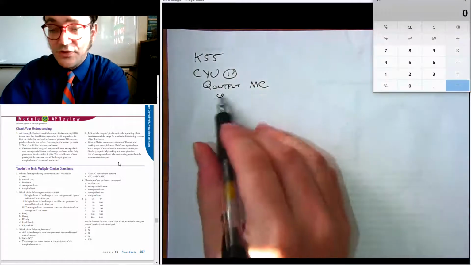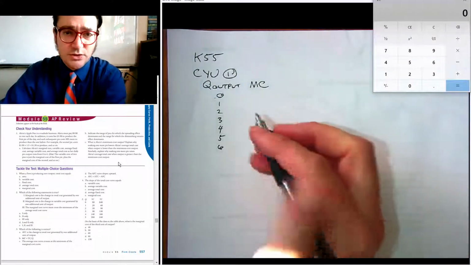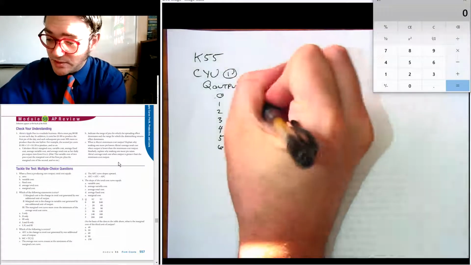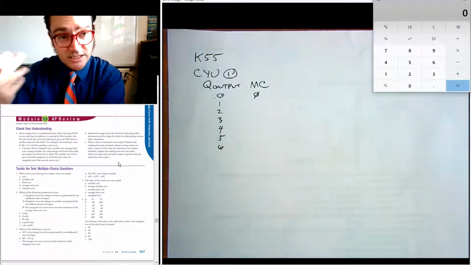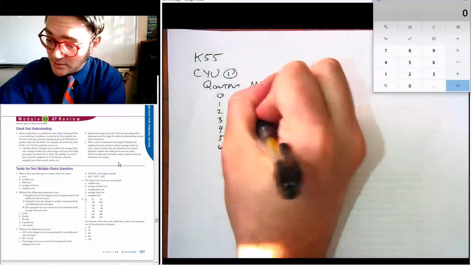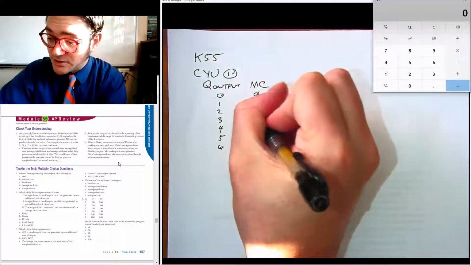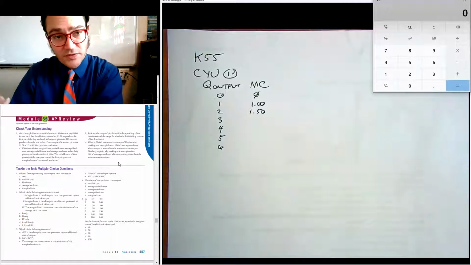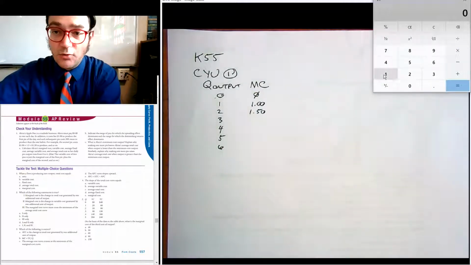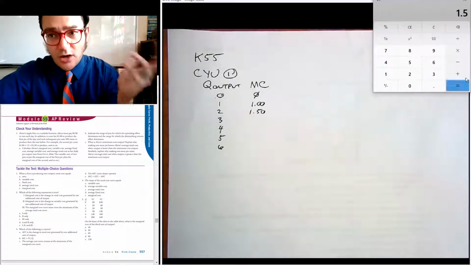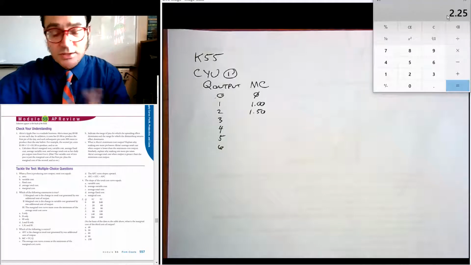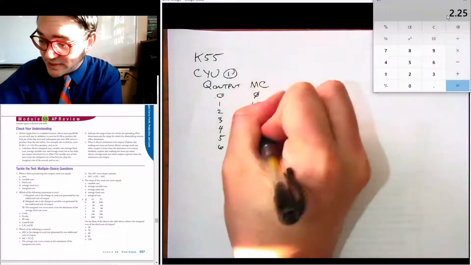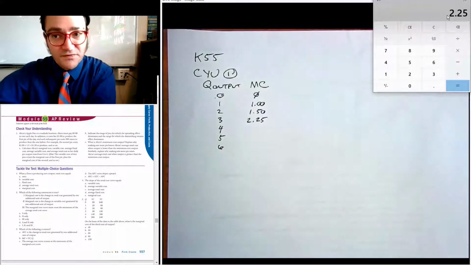For the 0th unit of output, there is no marginal cost associated with that unit, so we just put 0. Now, we know the first pie's additional cost is $1. The second pie is $1.50. And then the third pie is 50% more than that. So we can say 1.5 times 1.5, because it's including the 100% cost, and it should be $2.25. That's 50% larger than 1.50.